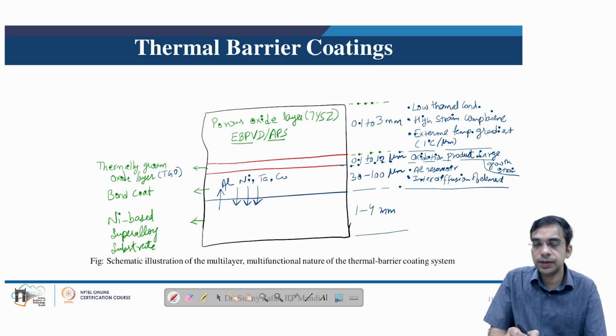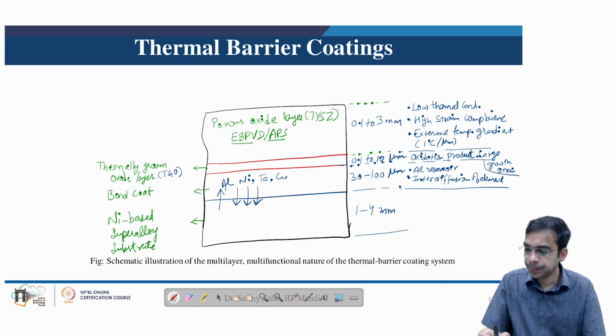And this movement of the elements is based on diffusion, and diffusion, as we know, is a thermally activated process. To activate this diffusion, we already have high temperature available, and it also has the capability of creep and plastic deformation.